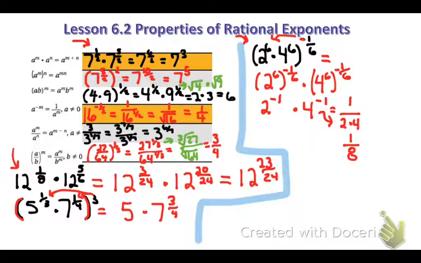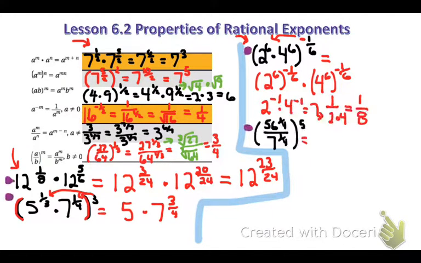We have one last example to squeeze onto this slide. This section is just going to take a lot of practice, but I think it's kind of fun. If we look at this next example, we see that we have the same exponent, 1/4 and 1/4, and we notice that the 56 is divisible by 7.